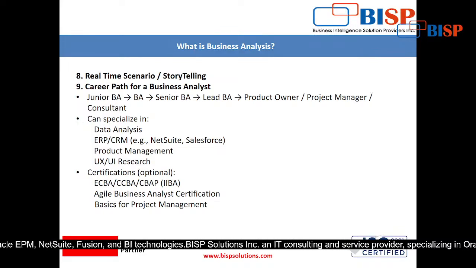If you are from a technical field, that is well and good, because a technical person can become a business analyst also, because he has the technical skills as well as the functional skills, right? So junior BA to BA, BA to senior BA, then lead BA, then product owner, then product manager, project manager, right? And then finally the consultant.